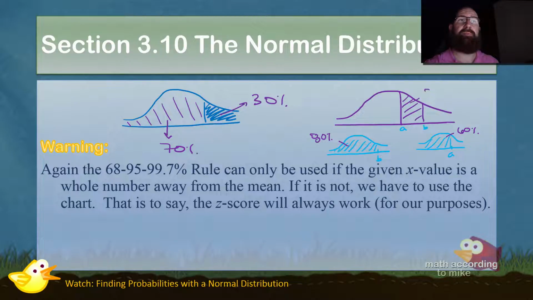You would just subtract them. You would do 80 minus 60%, or 20%. Again, those numbers were made up, but for demonstrative purposes only.